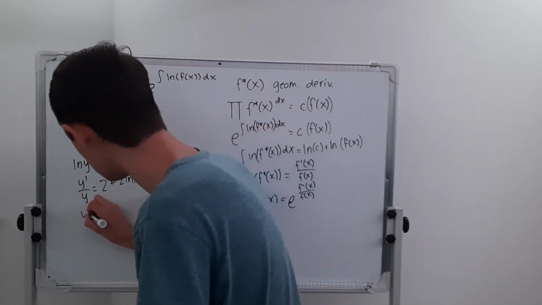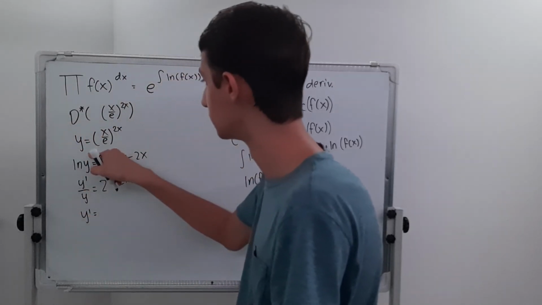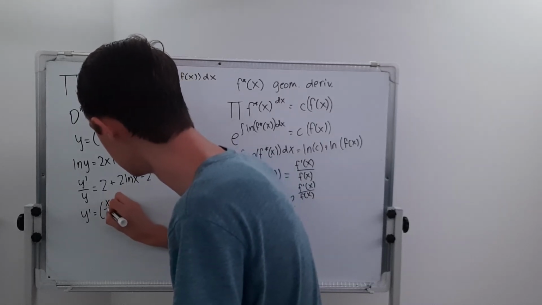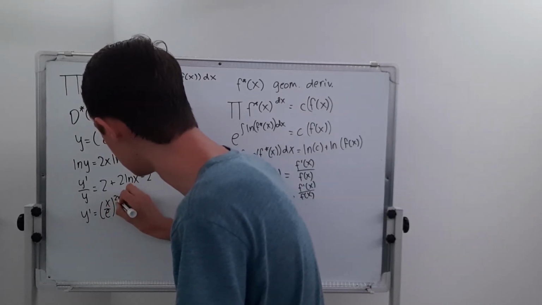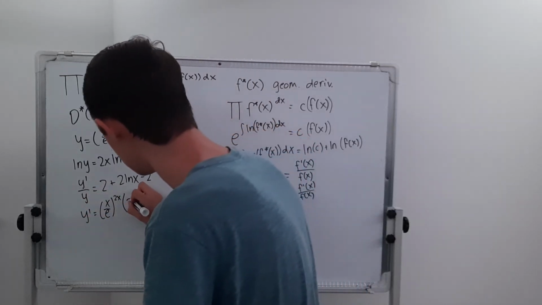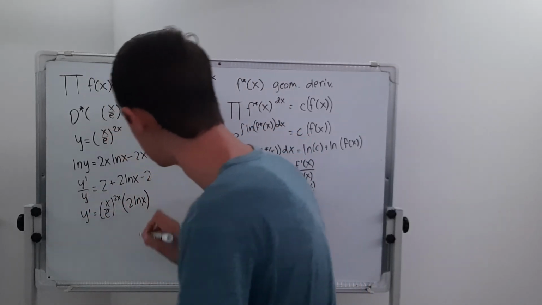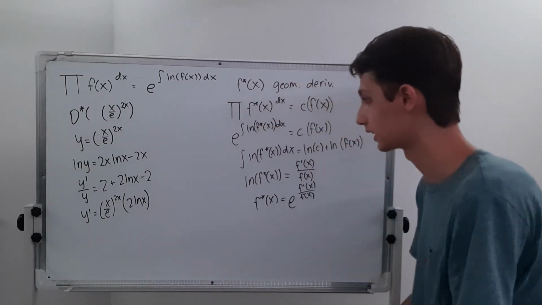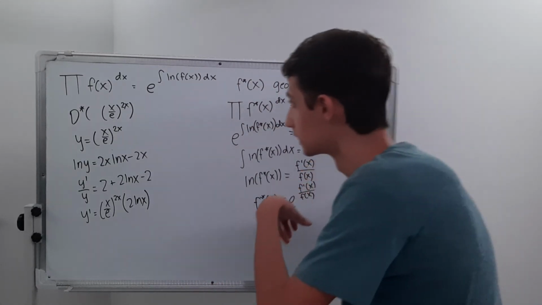So we get that y prime equals, we can multiply by y, so x over e to the 2x, multiplied by 2 ln x minus 2 plus 2, which is just 2 ln x. So we can plug this back into our original function.